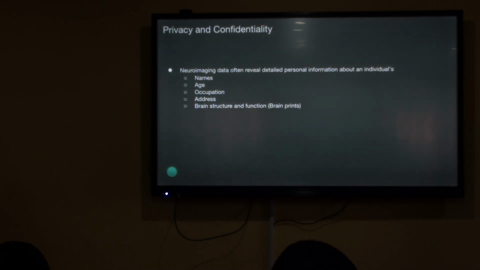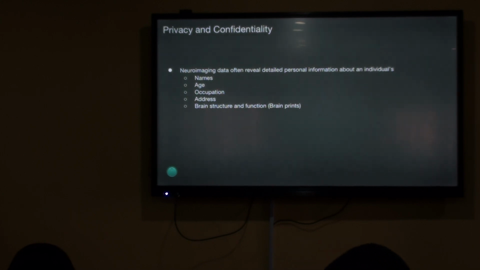And privacy is a wider concept that includes confidentiality, but also includes data protection, the protection of the data of your patient, right? And here we are talking about names, age, occupation, address, brain structure, and functions, right?